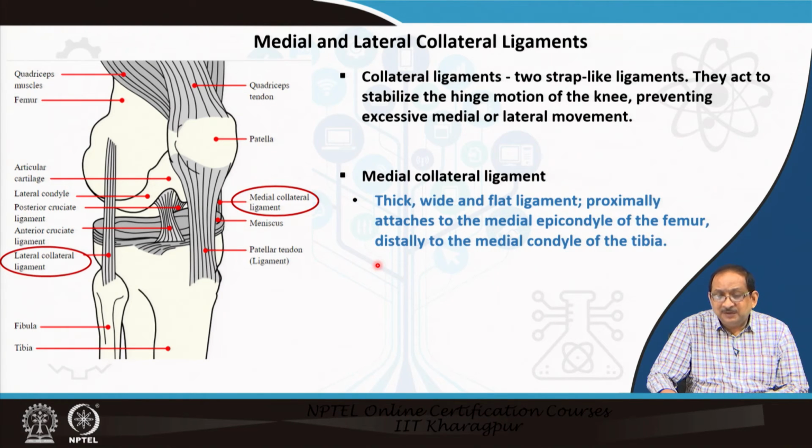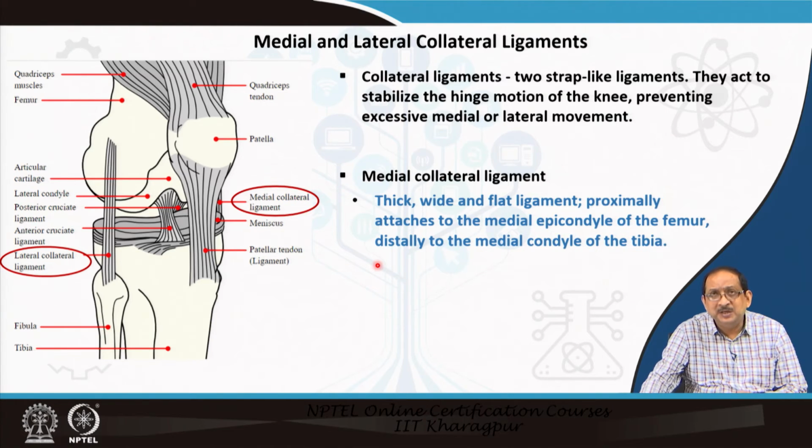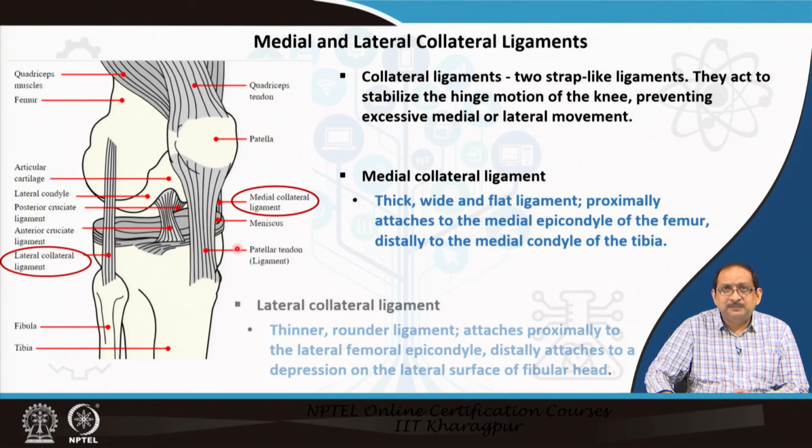The medial collateral ligament is a thick, wide and flat ligament, proximally attaches to the medial condyle of the femur and distally it attaches to the medial condyle of the tibia.